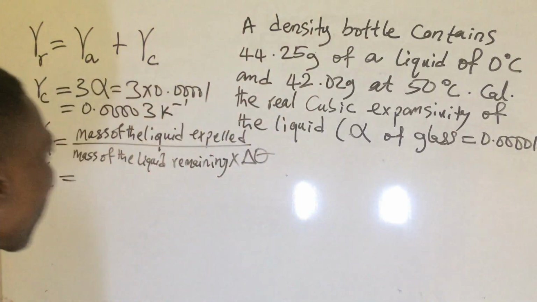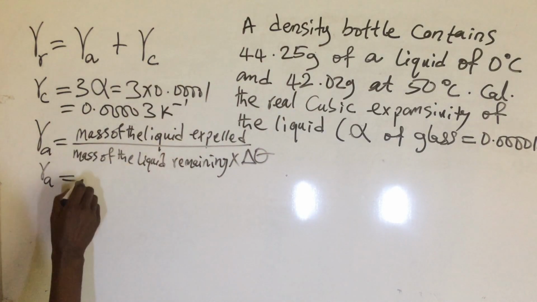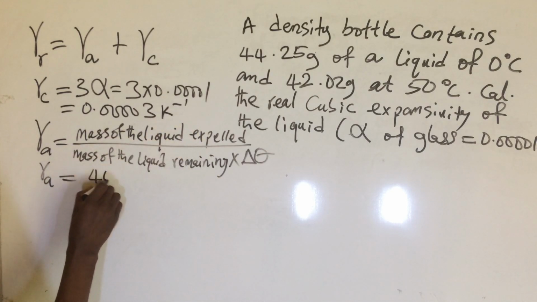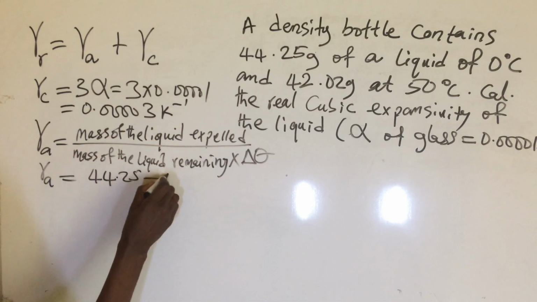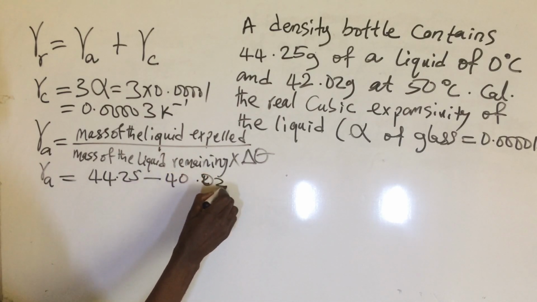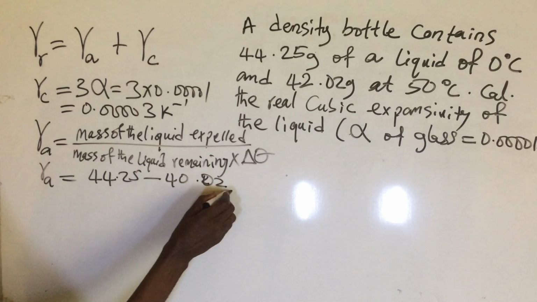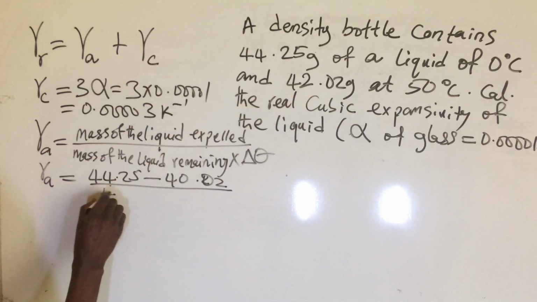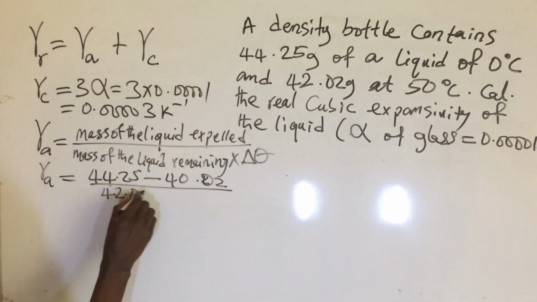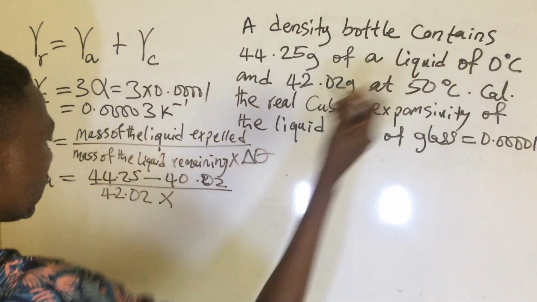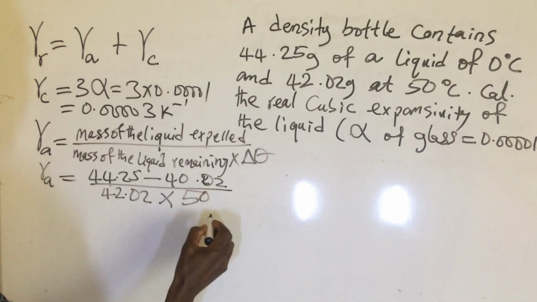So the mass of the liquid expelled will be 44.25 minus 42.02, over the remaining liquid, which is 42.02, times the change in temperature, which is 50 minus 0, still 50.